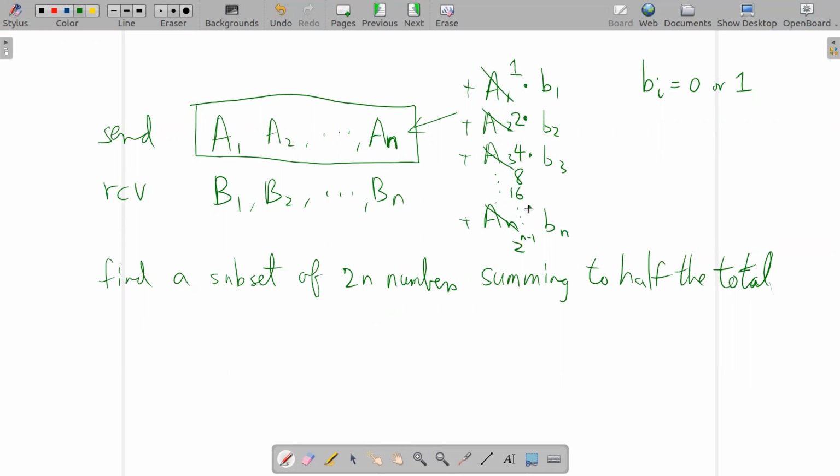So even if I don't know what the number is, let's say I want 13. Well, 13 in binary is 1 plus 4 plus 8. So if I want to form a sum of 13, if I have the right set of powers of 2, I will always be able to do it. Does that make sense?